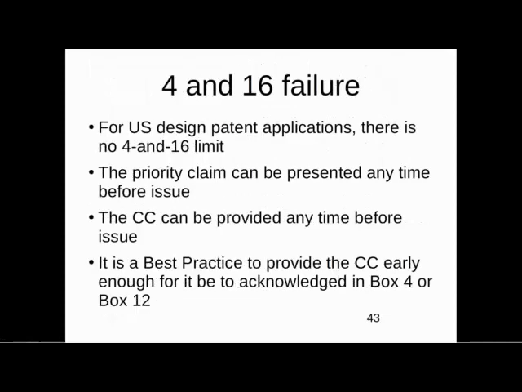Okay, 4 and 16, I mentioned this earlier, and there is no 4 and 16 limit for design, but those of us who also do utility patent practice, we need to burn that into our minds for utility cases.